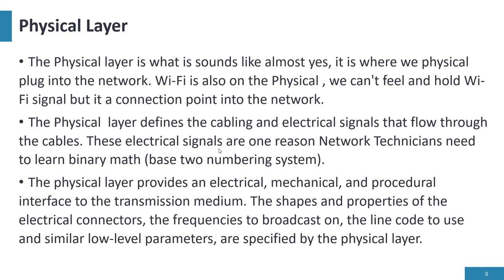So the physical layer is very important. A lot of times when you're troubleshooting, people will ask you to check that the cable is snugly secured into the device, and to see if there might be something wrong with the cable. So the physical layer is an important layer to learn and understand.